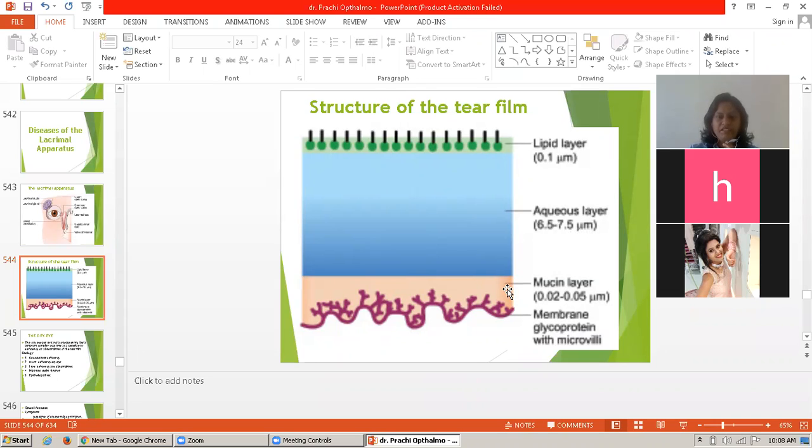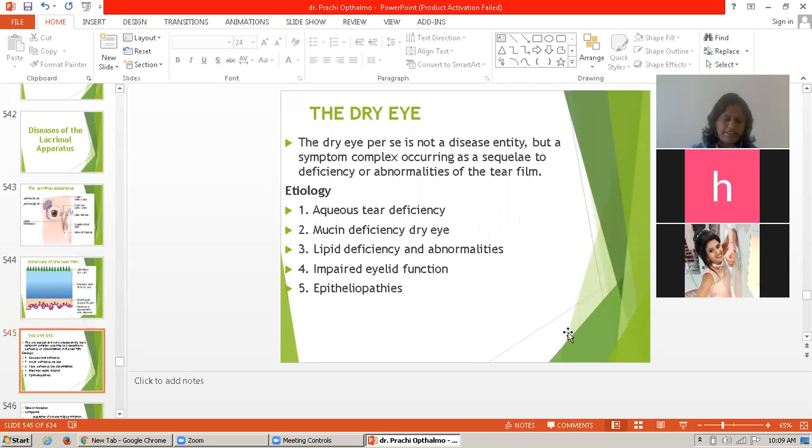Then the mucin layer, which is 0.02 to 0.05 micrometer. Then the membrane of glycoprotein with the microvilli. So this is the structure of the tear film, consisting of the lipid layer, aqueous layer, mucin layer and membrane of glycoprotein with the microvilli. So next one is diseases of the lacrimal apparatus.